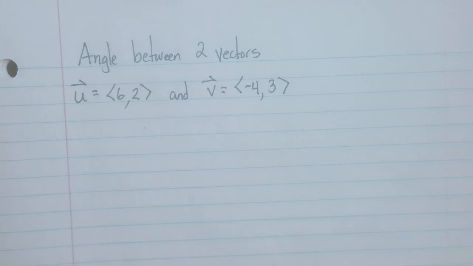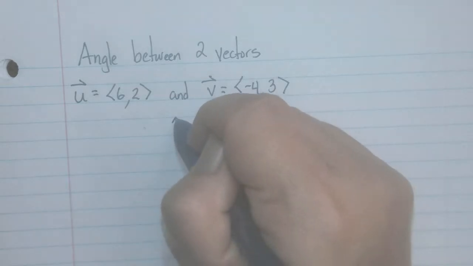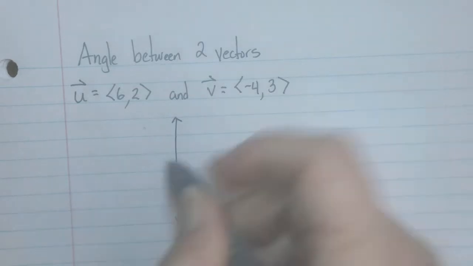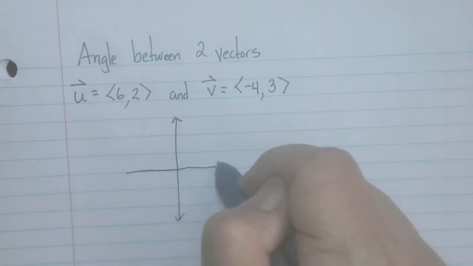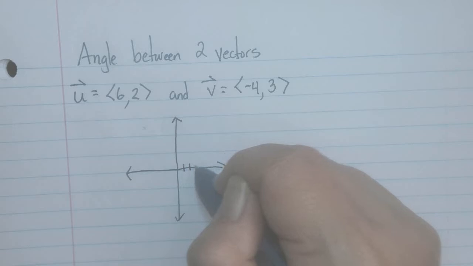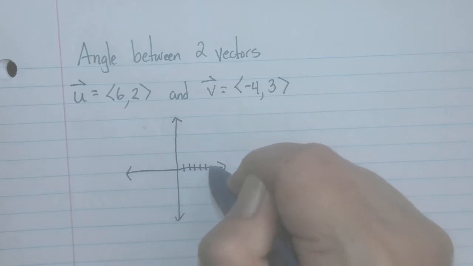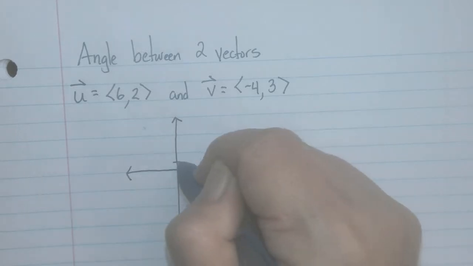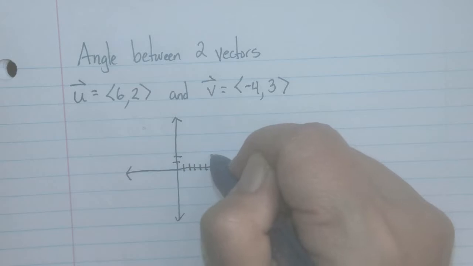Alright, so the first thing we want to do is we want to sketch these two vectors and see what is it that we're even talking about here. I'm going to sketch a little coordinate plane. Vector u has a horizontal component of 6 and a vertical component of 2.